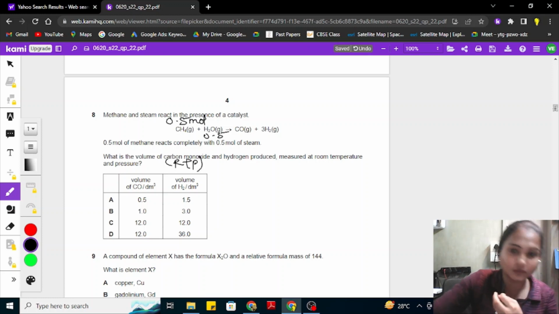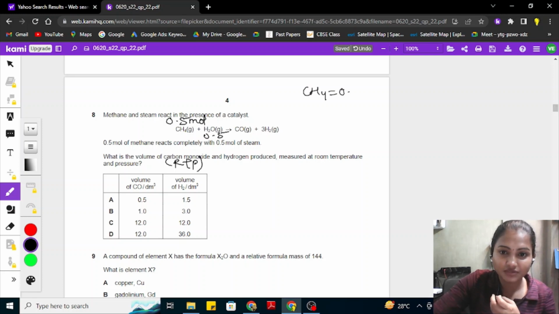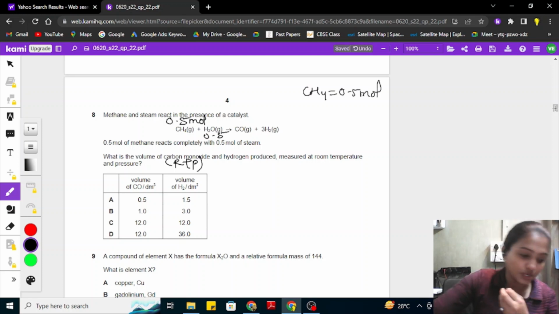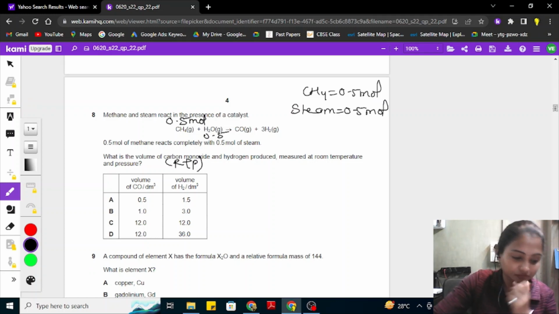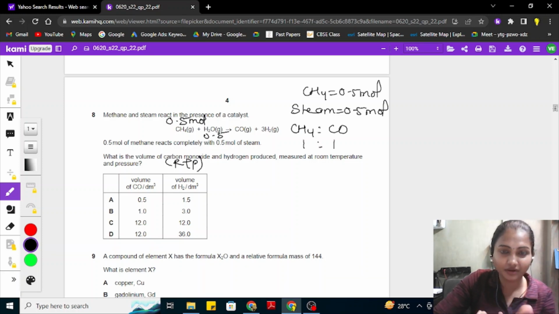Let's solve it here. Methane, we have 0.5 mole, which is reacting with steam, or we can say water, which is also 0.5 mole. Okay, now methane is to carbon monoxide, because that's what I have asked, is 1:1 ratio in the chemical equation. So for carbon monoxide, the mole will also become 0.5 mole.